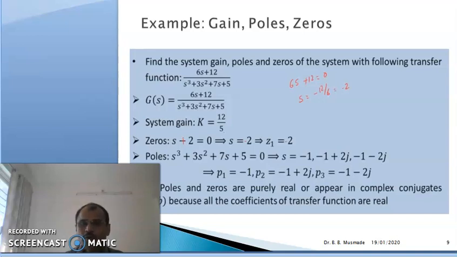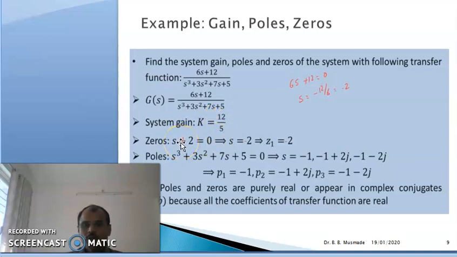To find out the DC gain of the system, put s equals 0. Then the remainder at numerator is 12, and at denominator the s terms disappear and the remainder is 5. So effectively we will have K equals 12 by 5.